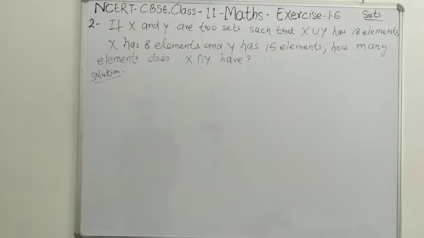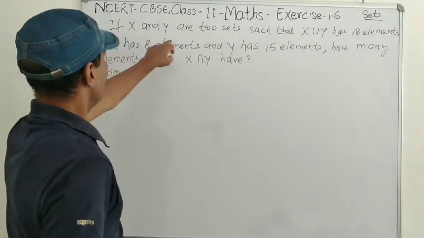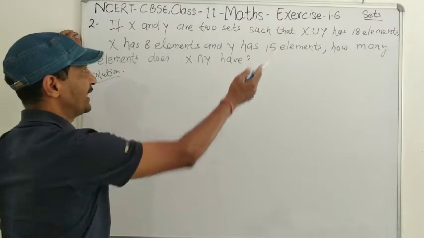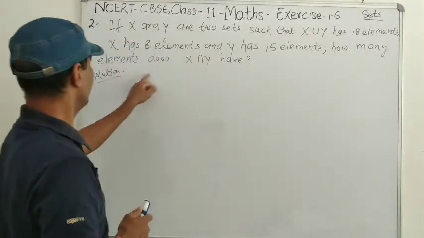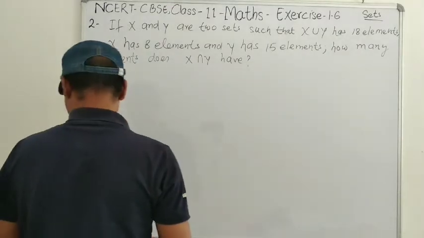Now the next question is question number 2. If X and Y are two sets such that X union Y has 18 elements, X has 8 elements and Y has 15 elements, how many elements does X intersection Y have?